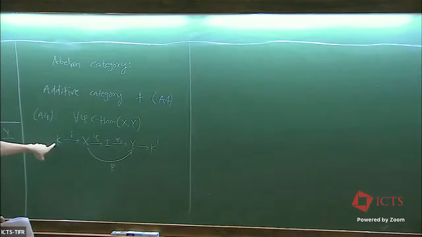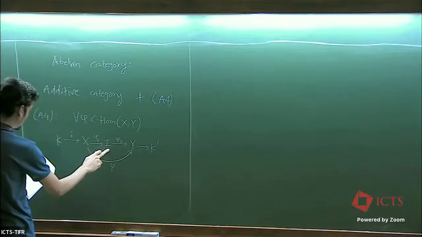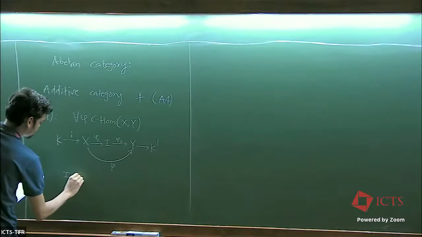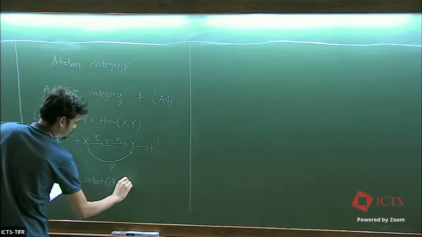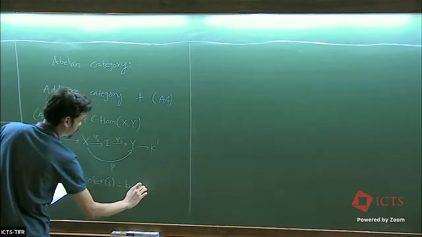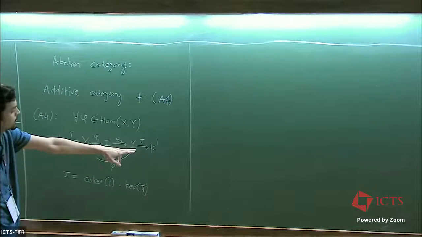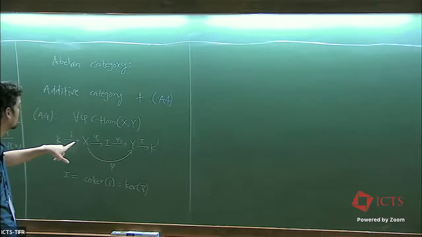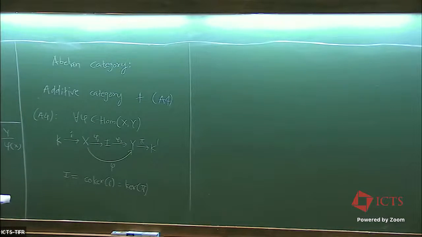So the kernel should exist, the co-kernel should exist, and this object here should be the kernel of this map and at the same time the co-kernel of this map. And in the case of modules, this is just the isomorphism theorem.